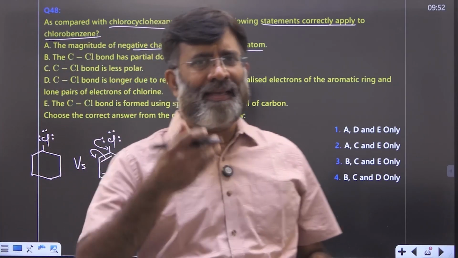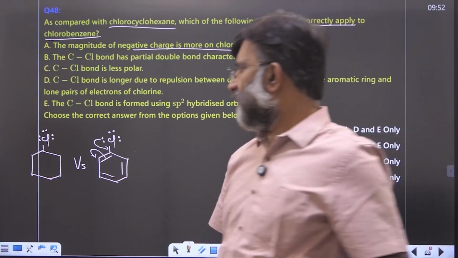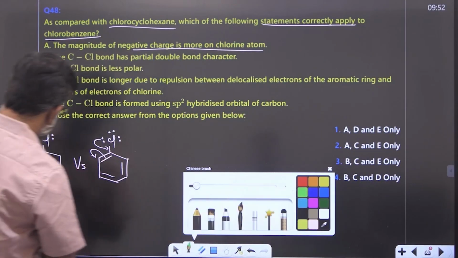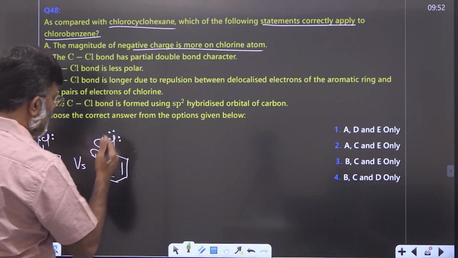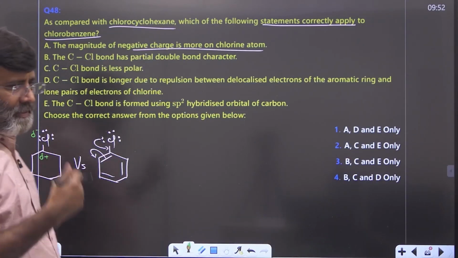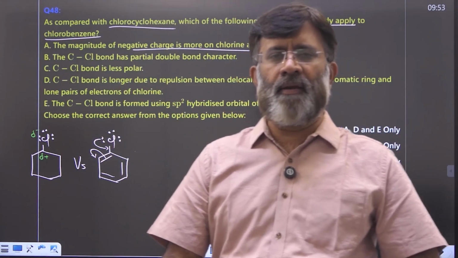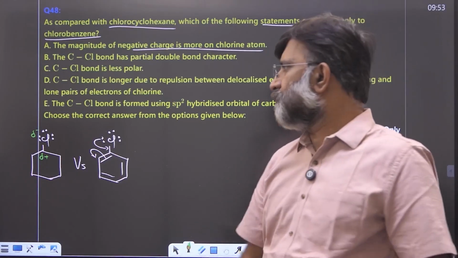Due to resonance, it is less polarized. Here you have delta plus, delta minus, and here that is less. It is less polarized because the lone pair is involved in resonance.